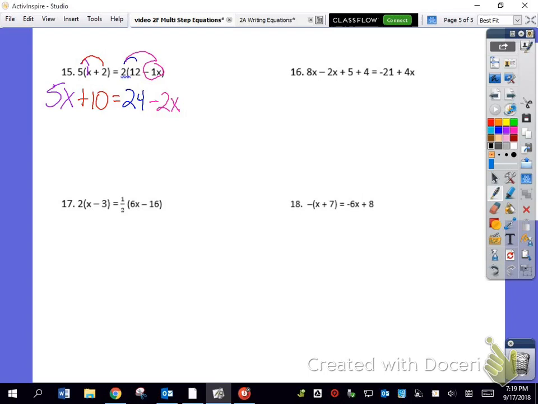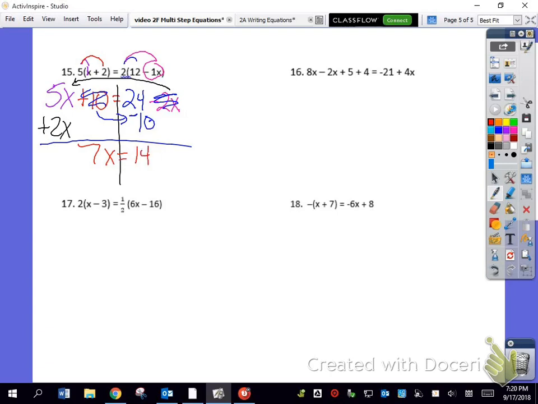Now, I want to combine my like terms, so negative 2x moves over, so that's positive 2x. Remember, when you jump the fence, you have to change the sign. And then positive 10, when he crosses the line, he becomes negative 10. And it helps to mark those off when you move them. So 5 plus 2 is 7, so that's 7x equals 14. You divide by 7, and so x equals 2.